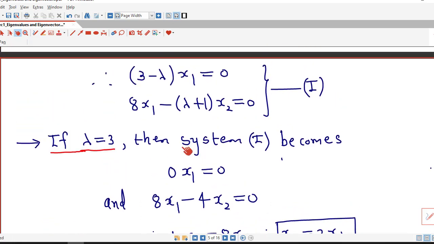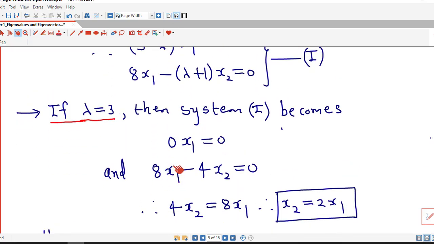So this system has an infinite number of solutions. The system corresponding to lambda equal to 3 has infinitely many solutions, and here we have written x2 in terms of x1. That means x1 is arbitrary, and x2 depends on the value of x1.